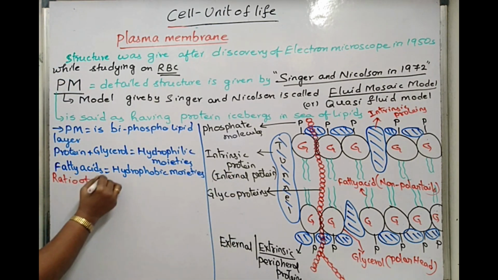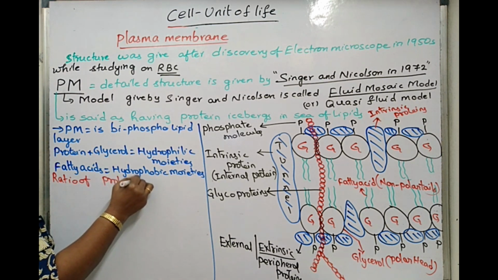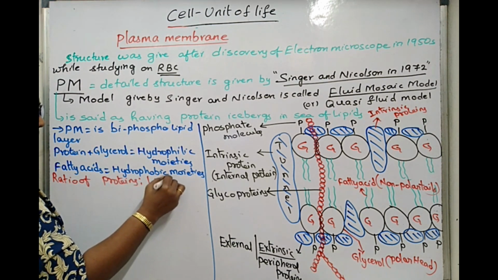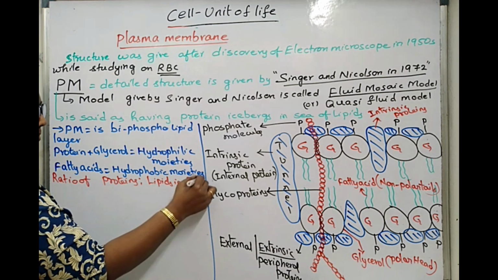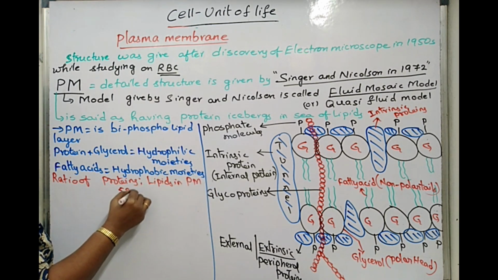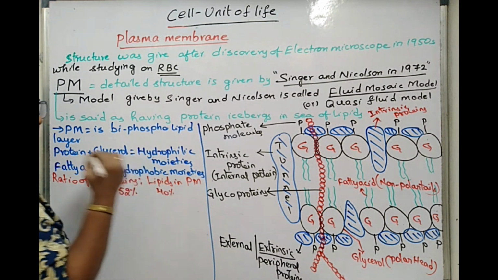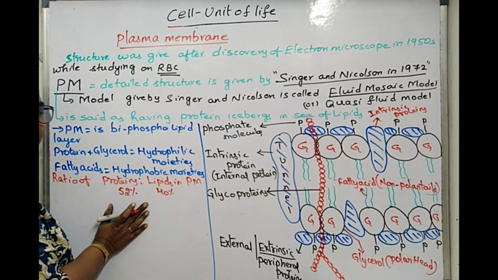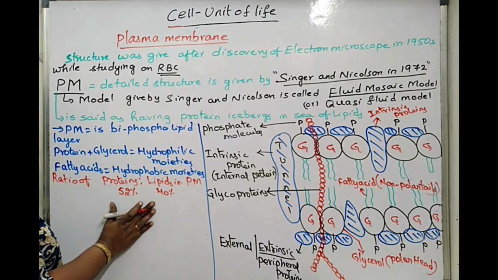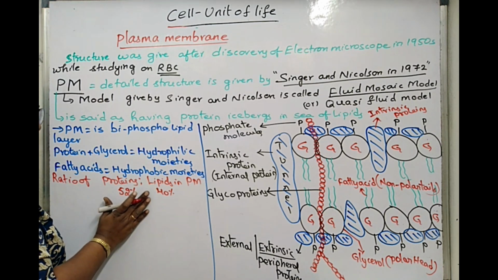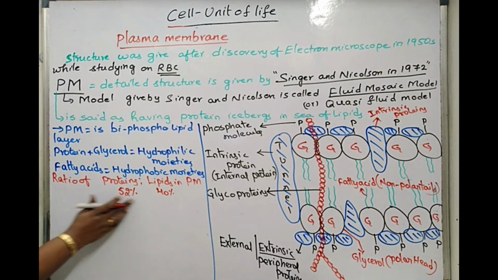Next, the ratio of proteins to the lipids in a plasma membrane is different. Proteins constitute 52%, lipids constitute 40%. Mostly this percentage ratio is said to be in human being plasma membrane or cell membrane protein and lipid ratios.